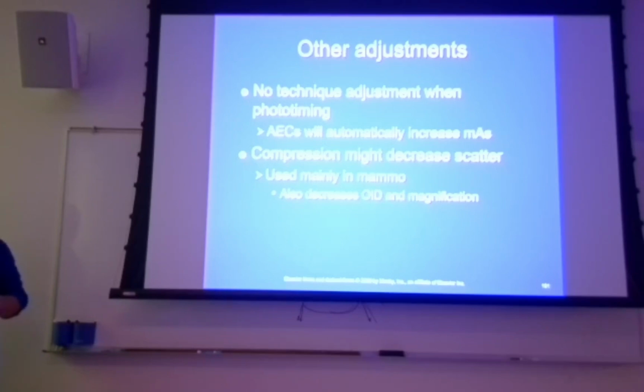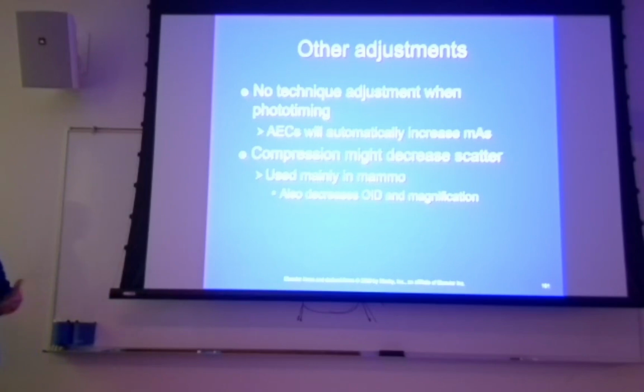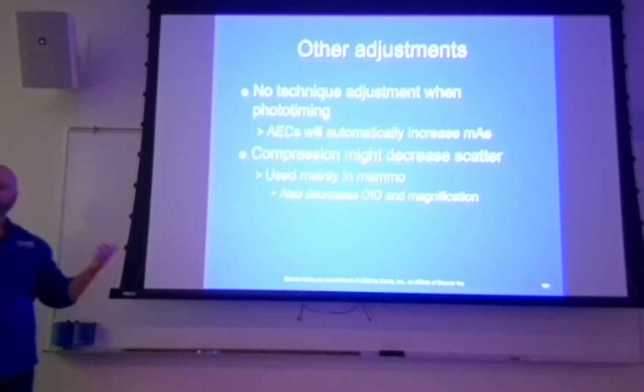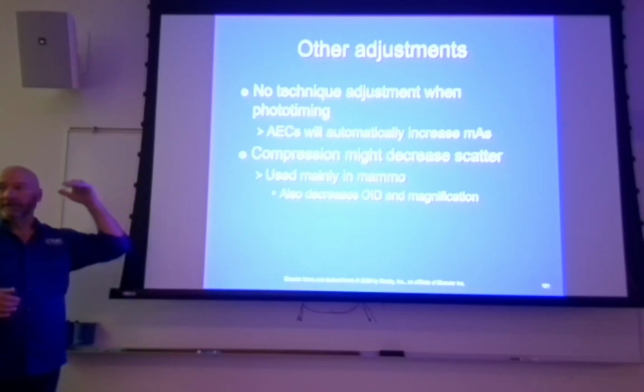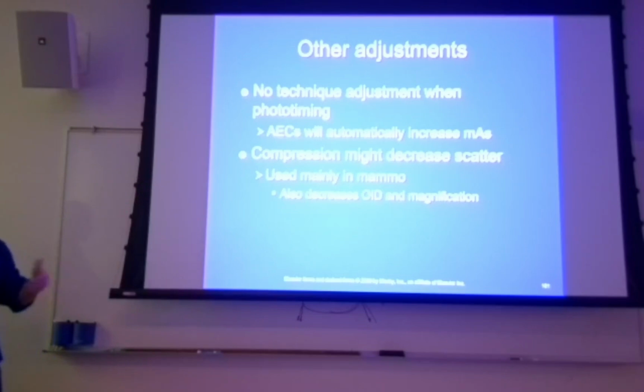You use those sometimes for positioning, when you know the positioning is going to make it difficult to put the anatomy of interest directly over the photocell. Or if you intentionally need to increase the exposure to the image receptor, you use those. But barring those situations, whenever you're phototiming, you should not have to change your technique at all, right?